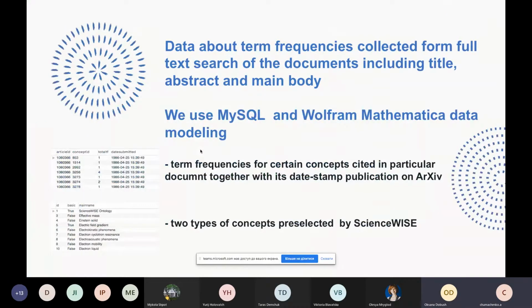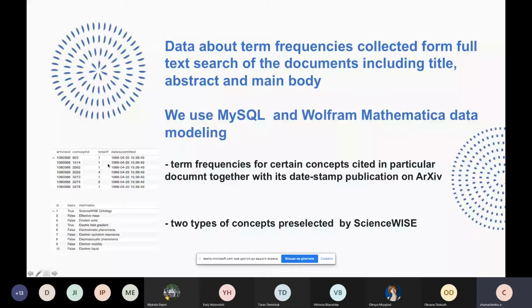So this is the next slide, and everything's fine, right? So what kind of data were we taking from ScienceWise? It's data about the term frequencies of certain keywords or concepts. You can see an example of this data here. We have the article ID, certain articles which were published in that time interval that I mentioned. The concept ID, a unique ID for each one.